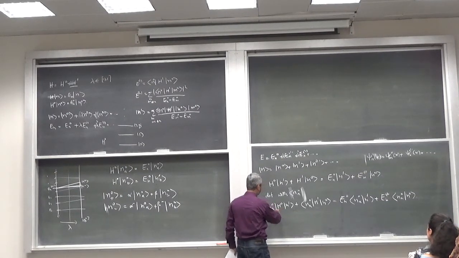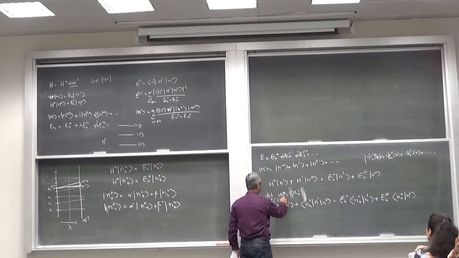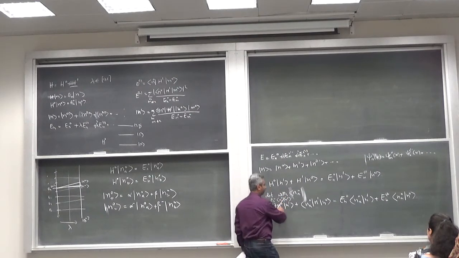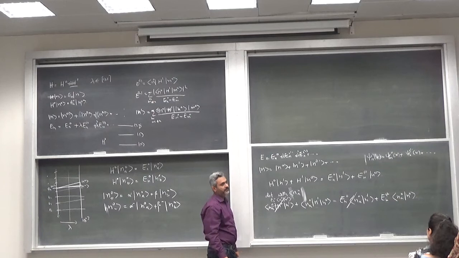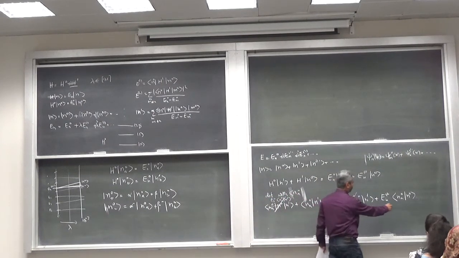But you can see that if you apply this here, what you get is E n naught, n A naught, n1, which is the same as this. This will cancel with this. But on the other hand, what is this thing equal to?